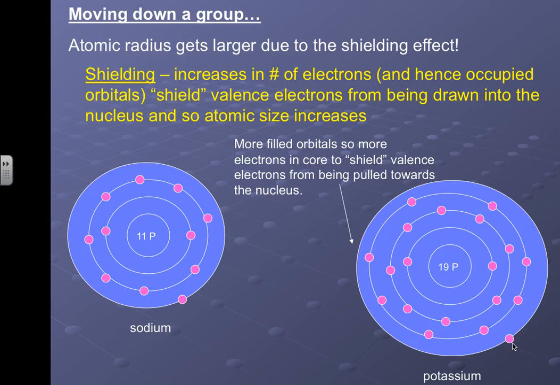Please understand that it's not appropriate to say that potassium is bigger than sodium because potassium has more electrons. That's not enough. You'll never get credit for that. What you must say is that potassium is bigger than sodium because there are more electrons in more energy levels, and those additional energy levels shield the valence from the pull of the nucleus, and that is why potassium is bigger.